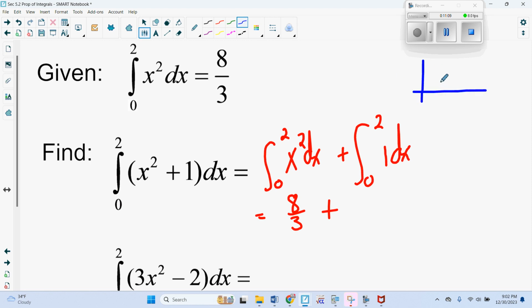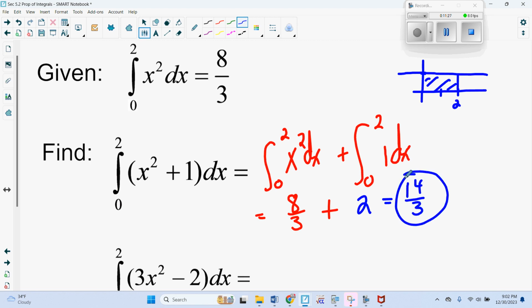If we were to graph that, that is the line at 1, 0 to 2, it's just that rectangle, which is just 2, which would be 6/3. So that's 14/3.